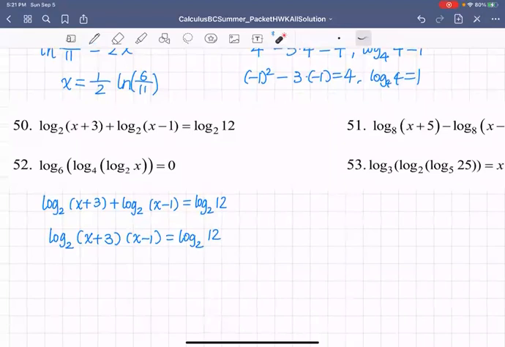Hey, Christina, please unmute yourself. Thank you. Ling Lu? Yes. Okay. When they have the same base, it is actually the product of these two.